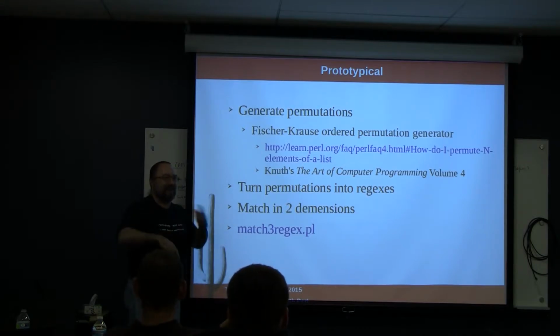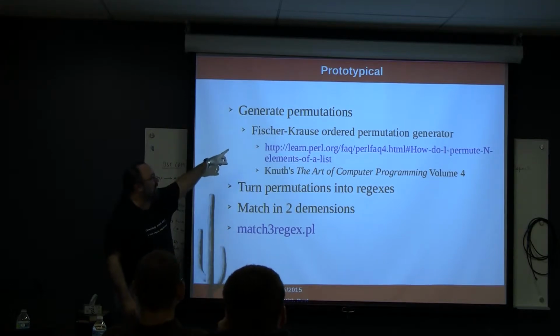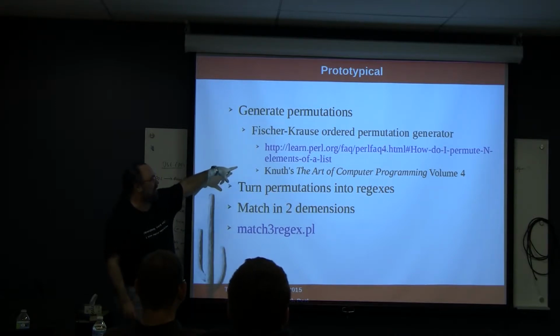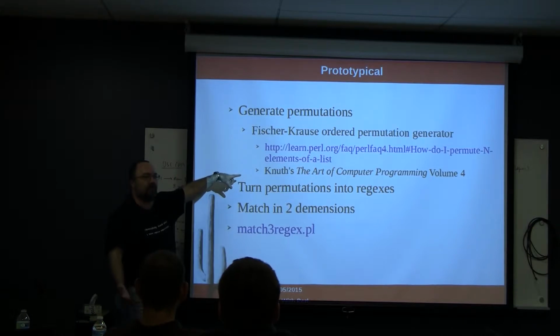You get the idea. They could be in any order. So basically, I'm not going to talk about this. This is left as an exercise to the attendee. But I'm giving the source of where I got the algorithm to generate the permutations. I just did this because, for me, it's a black box. I don't really care. I just want permutations.